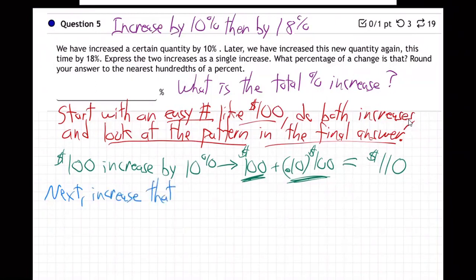Now, next, increase that by, what is it, 18%. So how do we take the answer we just got? This is the 10% increase, and now increase that by 18%. How do we take $110 and increase it by 18%? You know how to do that, right?